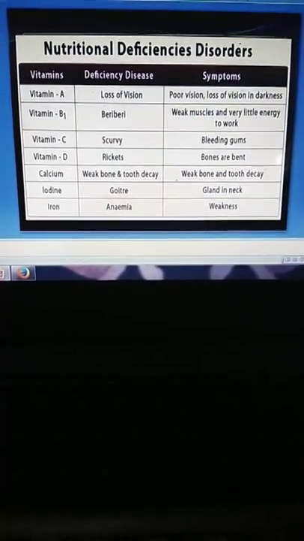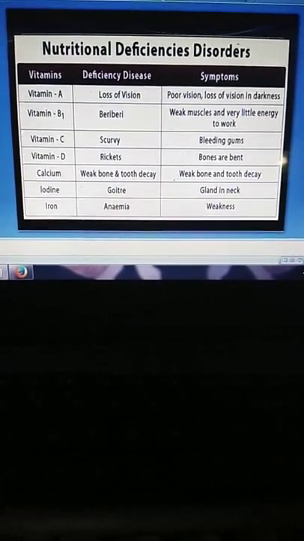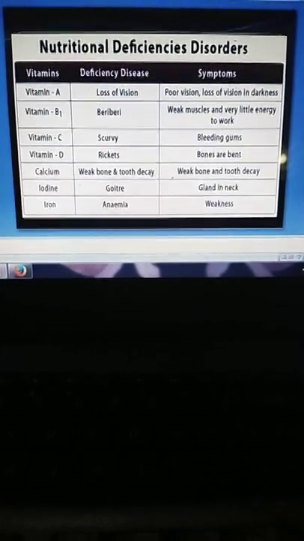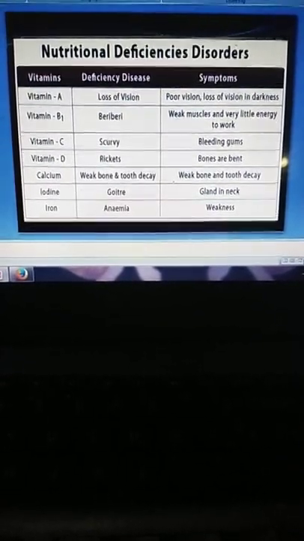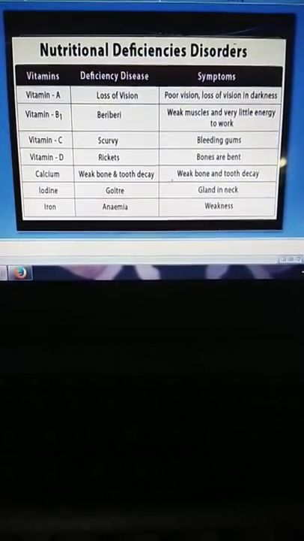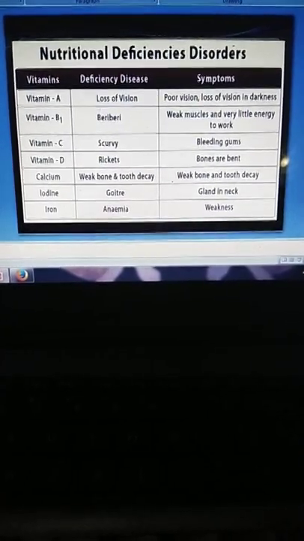Now let us see, if there is a deficiency of vitamins in our body, what diseases occur. Due to vitamin A deficiency, there is loss of vision. Symptoms in your body: poor vision, loss of vision in darkness.